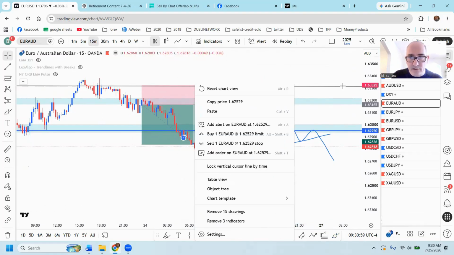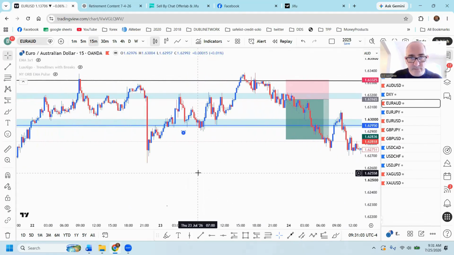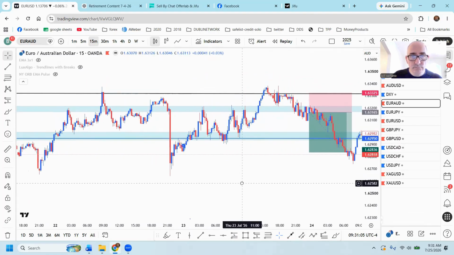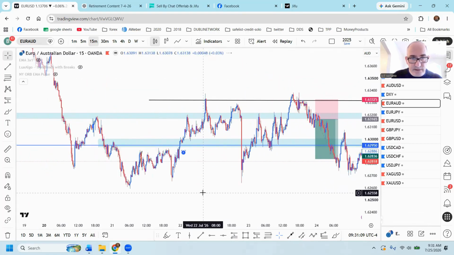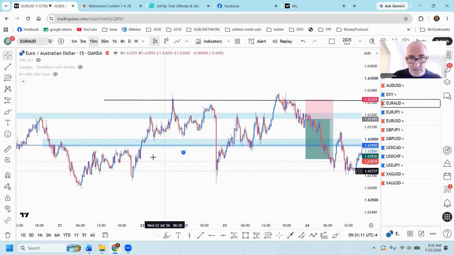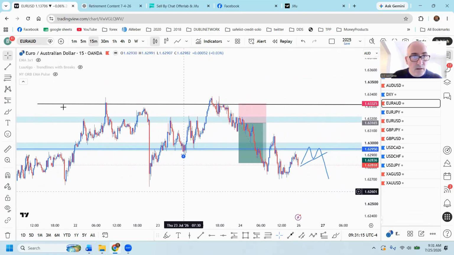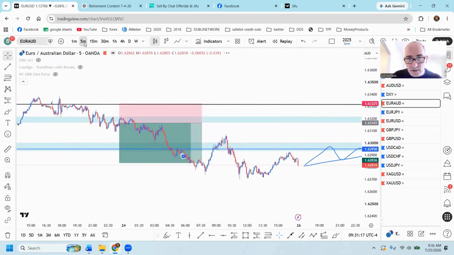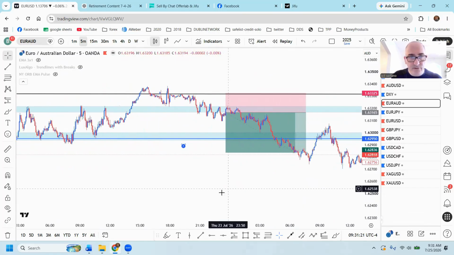Now, if you see over here with my trade, I think on this particular one, I actually did drop down to the 5-minute to take the trade.